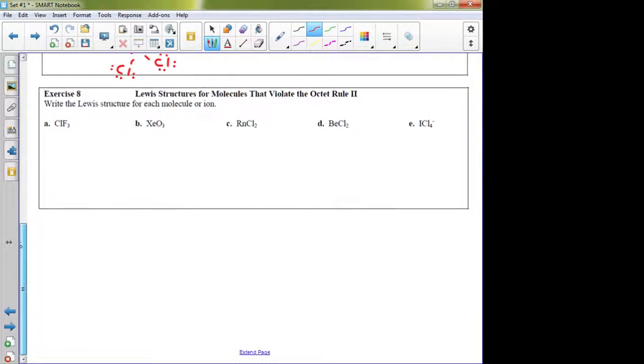Now, exercise 8. Now, this isn't going to happen on the first one, but I want to clarify. Sometimes we won't just have exceptions to the octet rule because we have too many. Remember, there's also exceptions where they're okay with having less. Remember, hydrogen's okay with only having how many? 2, which means it's only going to form how many bonds? 1. Okay? Beryllium was okay with how many?